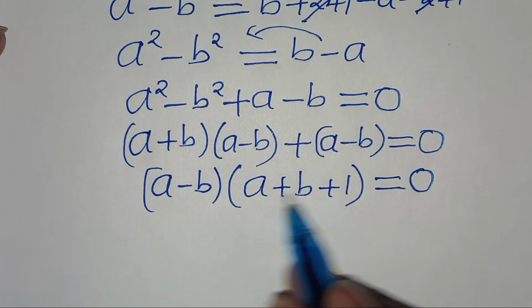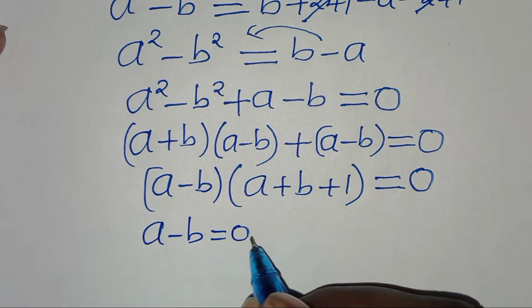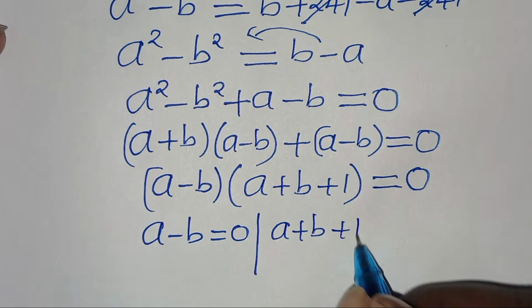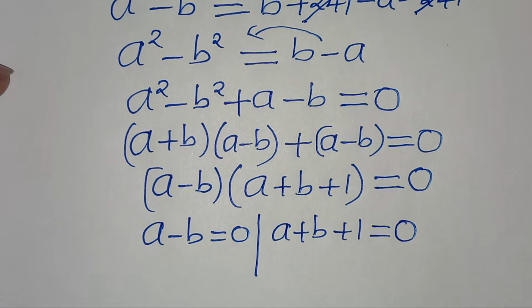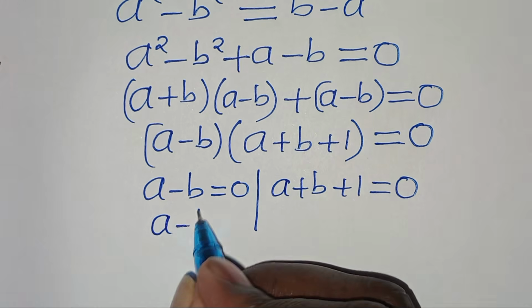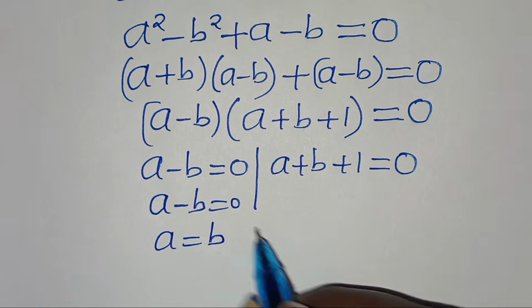Now we have got two parts here. We have a subtract b equal to 0, and we have a plus b plus 1 equal to 0. Now from the first part here, we have a minus b equal to 0. This means that a is equal to b.